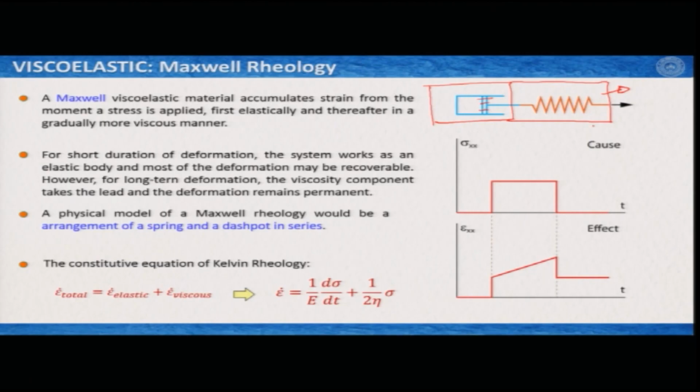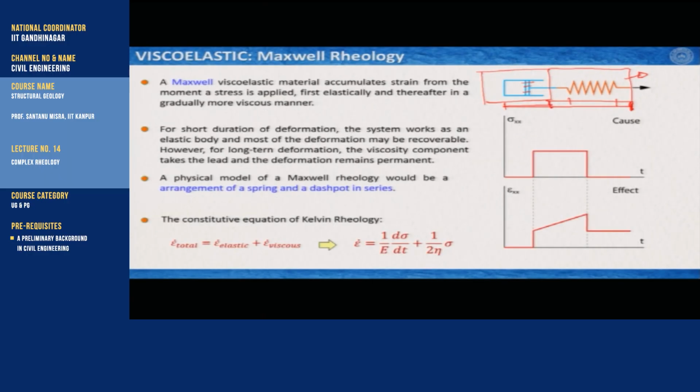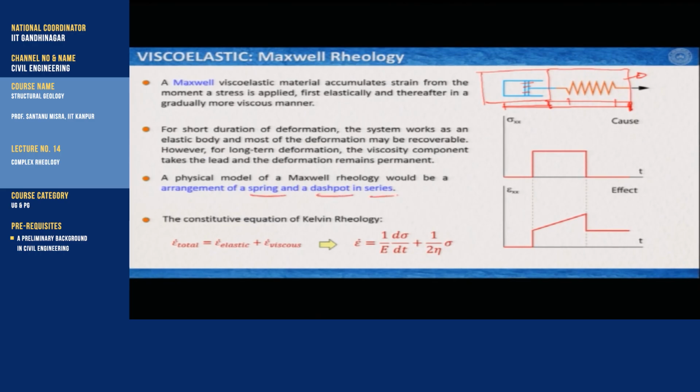Or in other words, you can recover the deformation of the spring, but you cannot recover the deformation of this dashpot. So the total deformation does not come back to its original position once you release the stress. The deformation is not totally recoverable, and this is the physical model of Maxwell rheology, where you arrange a spring and a dashpot in series.